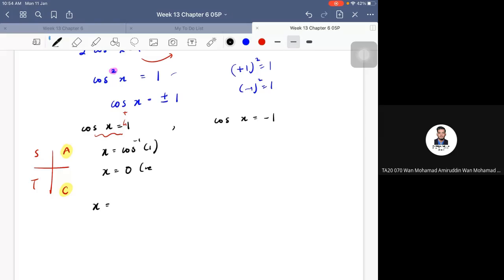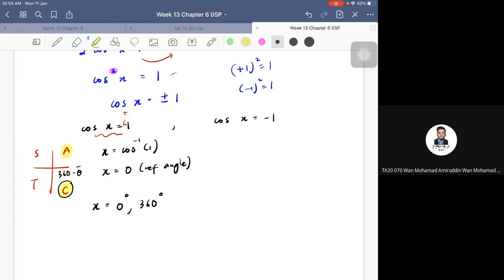Ni adalah reference angle. So dekat sini pun adalah bersamaan dengan 0 degree. Tapi kalau dia dalam kuadran yang keempat, dia adalah 360 degree tolak kita punya reference angle. But for this case, sebab kita punya reference angle adalah sama dengan 0, 360 tolak 0, so kita akan dapat nilai 360 degree.